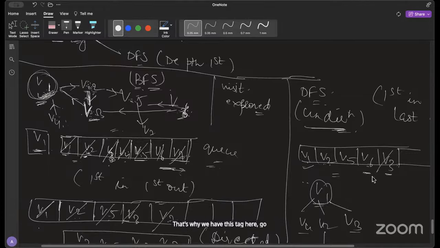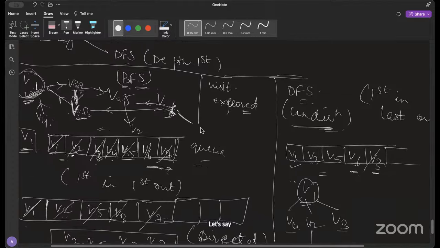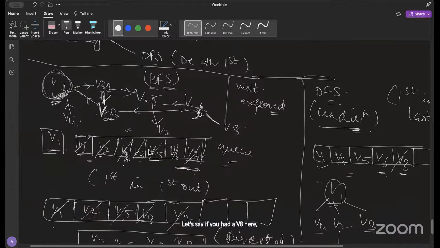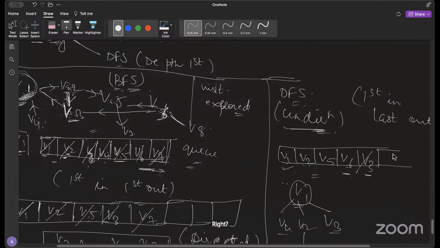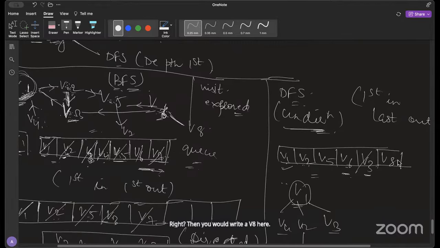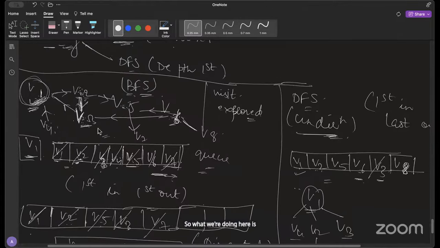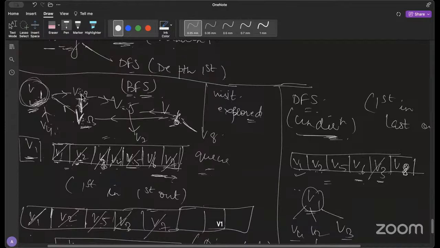Go to V6. Now, let's say if you had a V8 here, right? Then you would write V8 here. So what we're doing here is from V1, choose one vertex that is directly connected to V1. Let's choose V2. Then we went to V5. Then in a similar way V6. Then we could have chosen V3 and V8.